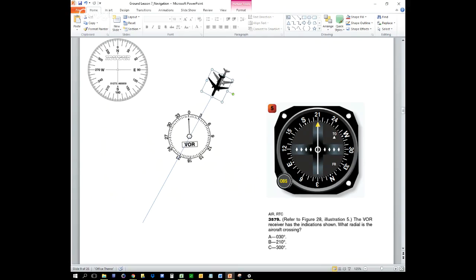I'm not on it, I'm flying to it. So that means my airplane's got to be over here where it's at. And now it's just a matter of understanding the trickery inside the question. What radial is the aircraft crossing? Well, technically it's crossing 030, but it could be in any configuration.